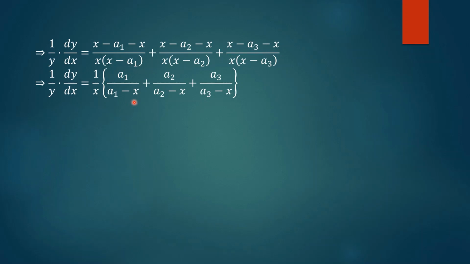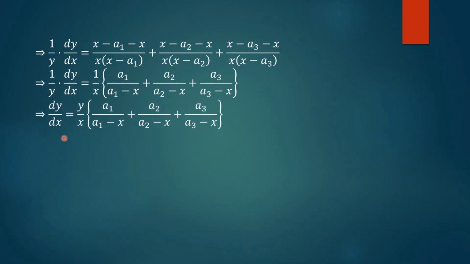Plus, similarly here also, a2 by a2 minus x to make it positive. Then plus here also a3 by a3 minus x. Next, this y can be taken to the right hand side like this: dy dx is equal to y by x into this thing. And this was the solution for the problem given.